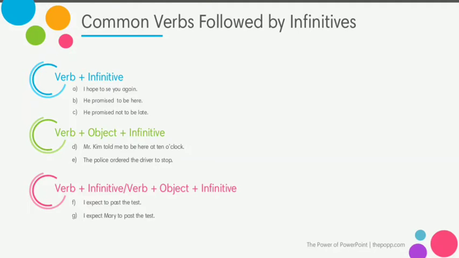C: he promised not to be late. Some verbs are followed immediately by an infinitive, as in examples A and B. In the negative form, not precedes the infinitive, as in example C.